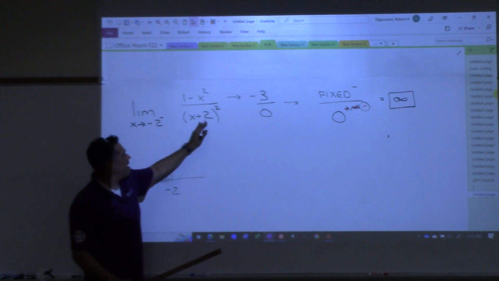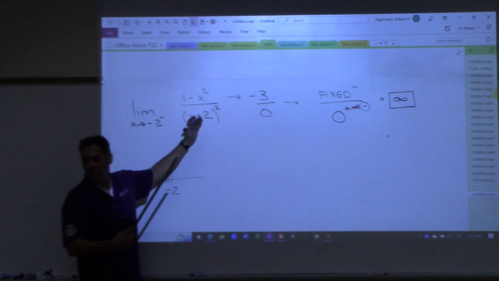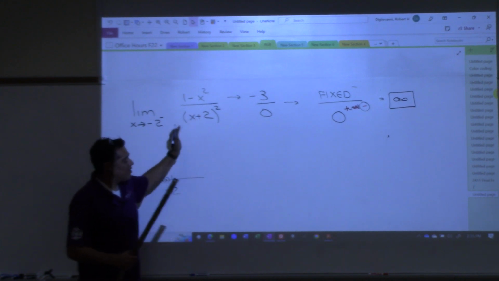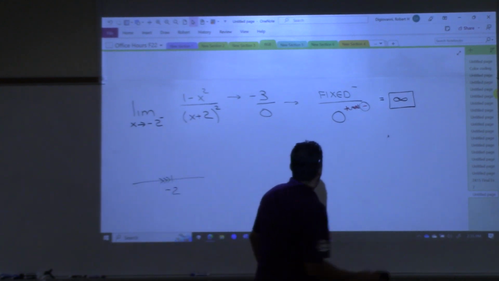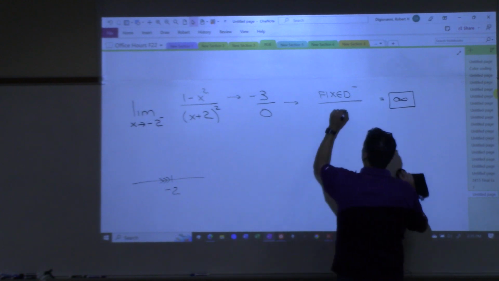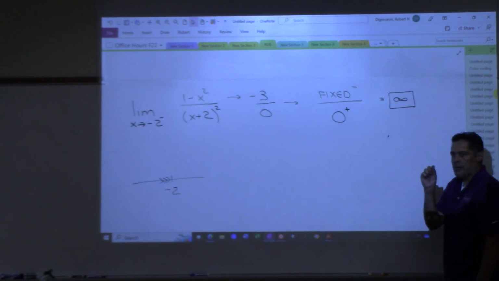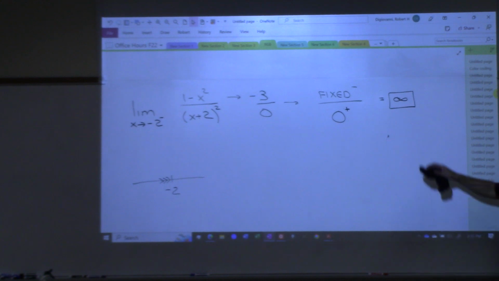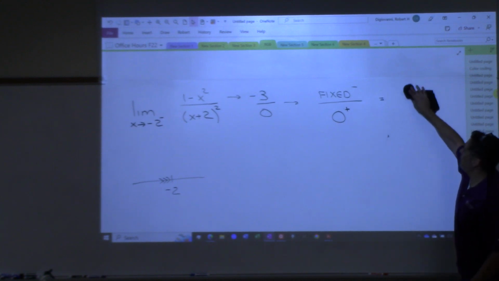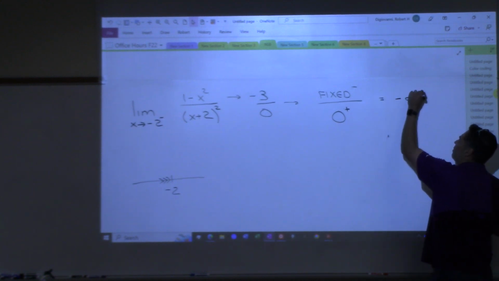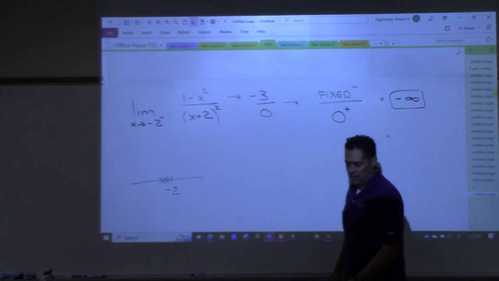If it turns out positive, who cares? I squared, it's still positive. If it turns out negative, it's squared, it's still positive. So I don't actually have to do any more work. I know that this down here is going to be a tiny positive number. And so a negative divided by a positive will be negative, and I know it's going to infinity or negative infinity already.